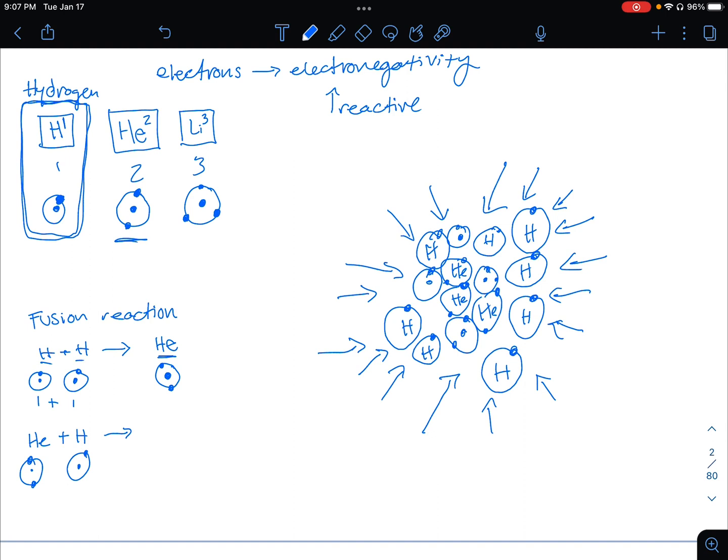We have another fusion reaction because there is so much gravitational pull towards the center of these atomic clouds. And so we have a 2 electron atom plus a single electron atom, and we get 3 electrons. So what chemical has 3 electrons? That's right, we look up here. That is going to be lithium. So lithium has now been created.